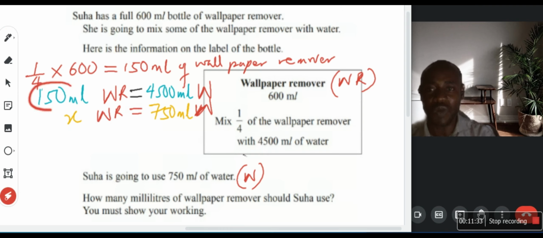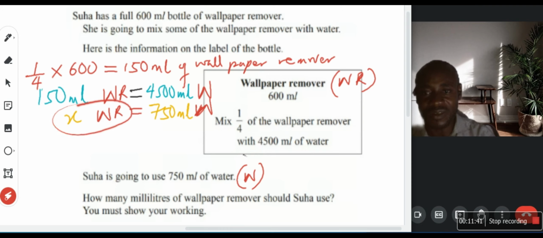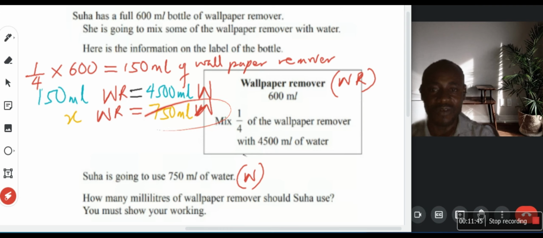So 150 milliliter of wallpaper remover for 4,500 milliliter of water. X for wallpaper remover for 750 milliliter of water, because that's what we're giving. It says Suha has a total of 750 milliliter of water. So how many milliliters of wallpaper remover should Suha use?